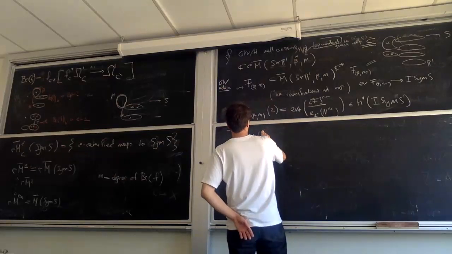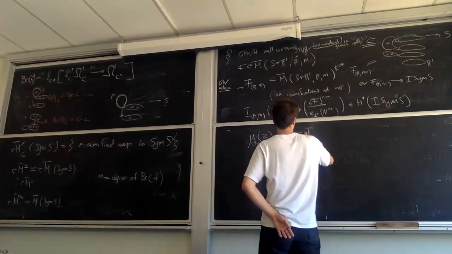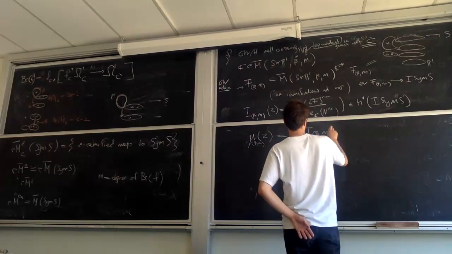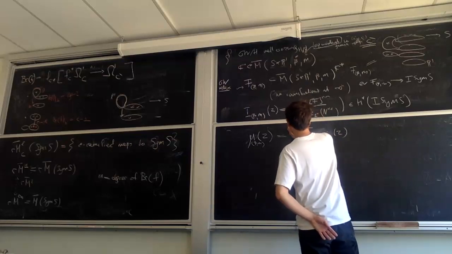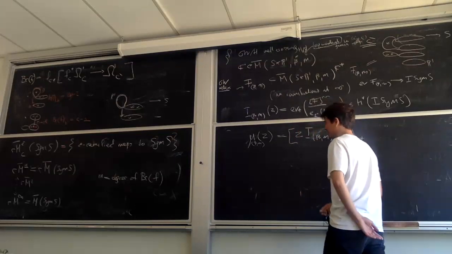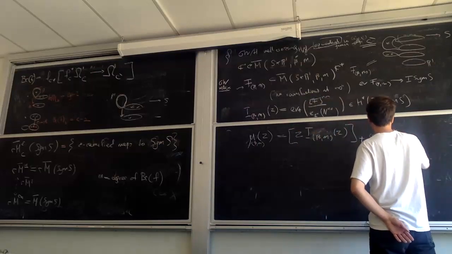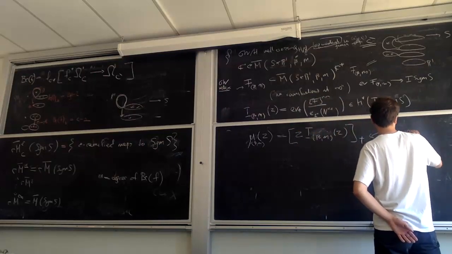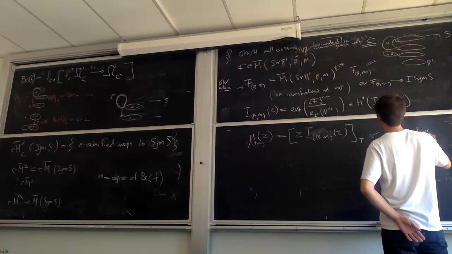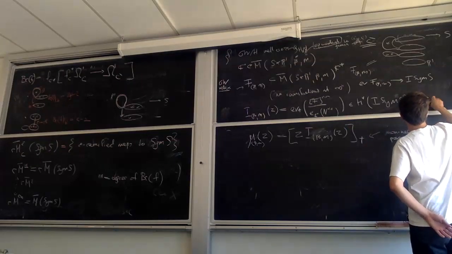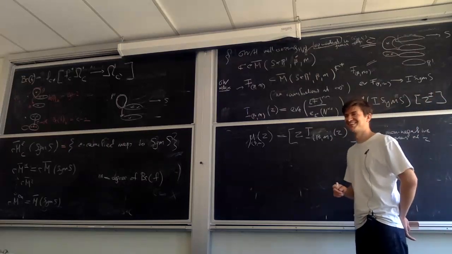So mu beta m is just the truncation again of this guy, by non-negative powers of z, where z is the equivariant parameter over here, and we expand at infinity.